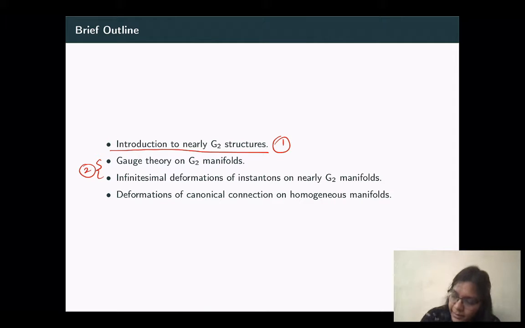And then for the third lecture, we will be looking at a very specific example, dealing with homogeneous connections on homogeneous nearly G2 manifolds, and we'll see how we can explicitly describe the space of instantons on nearly G2 homogeneous manifolds. So this will be the third lecture, and this is the first lecture.